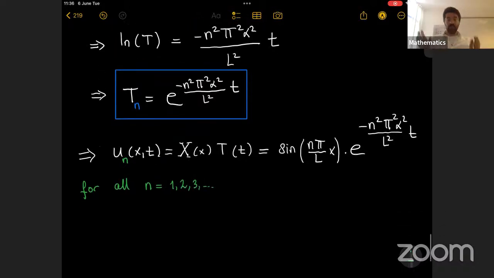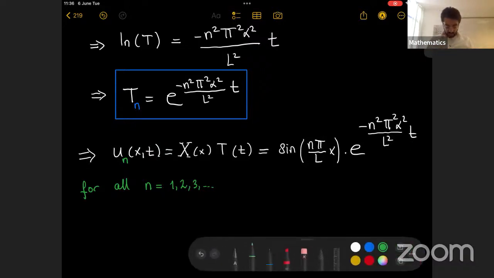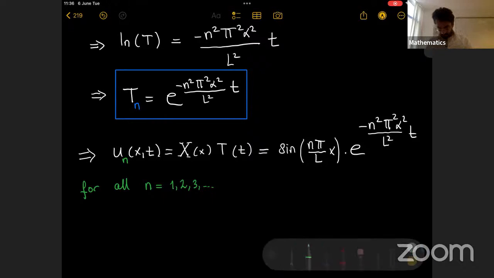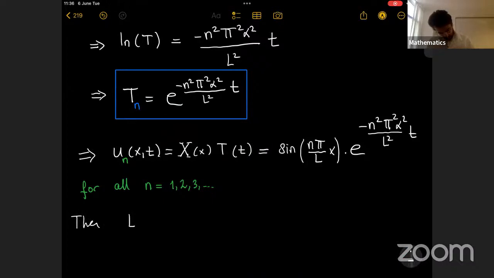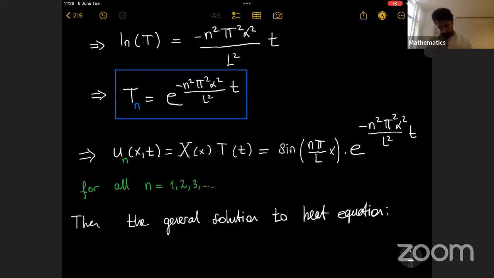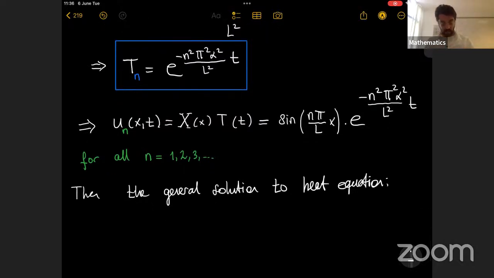Well, the nice thing is if you have two solutions, then their combination is also a solution. This is the principle of superposition. So we take all combinations of these solutions to get the general solution. Okay, so the general solution to the heat equation is the infinite linear combination of u_n(x,t).